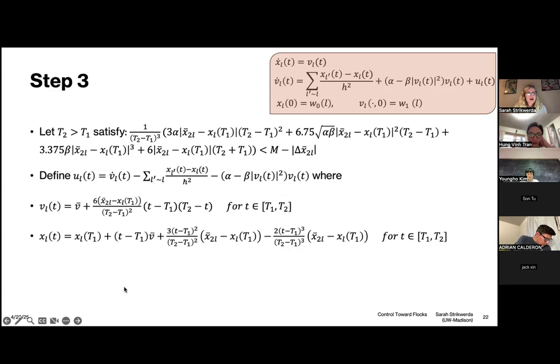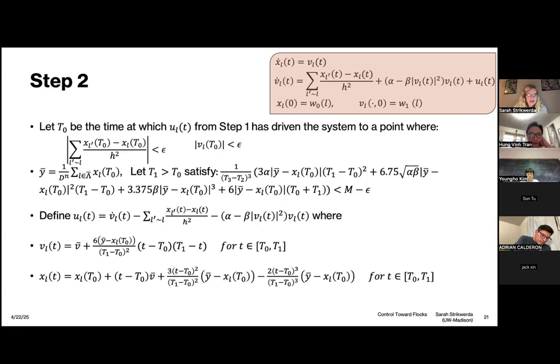And so we want to show that this control is going to be less than m, but we can do that because this is less than epsilon, and this part is less than epsilon. And looking at what our v dot is based on this, we chose our t one to be large enough where this expression was less than m minus epsilon.